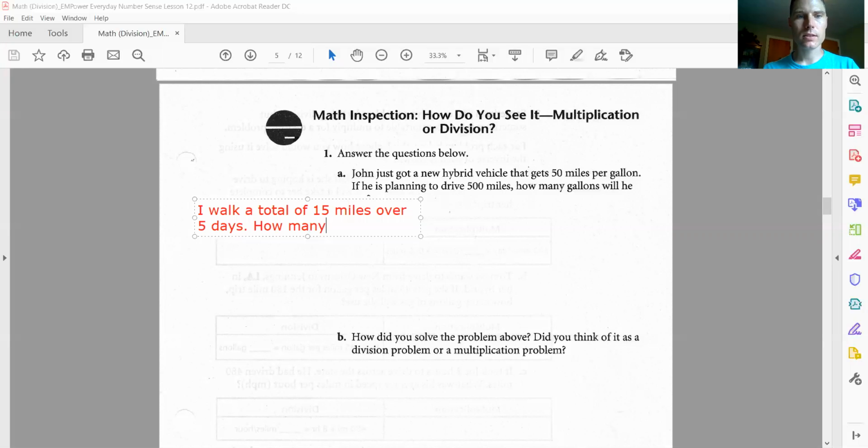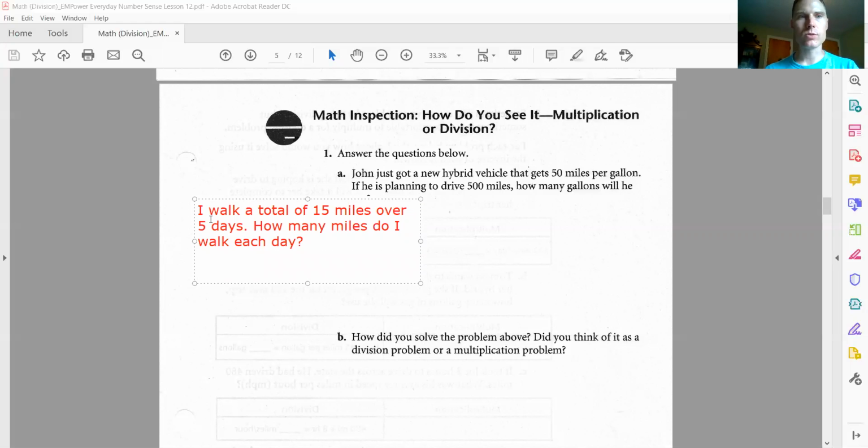How many miles do I walk each day? This is assuming that I'm walking the same amount of miles each day. So what does that look like as a math expression?